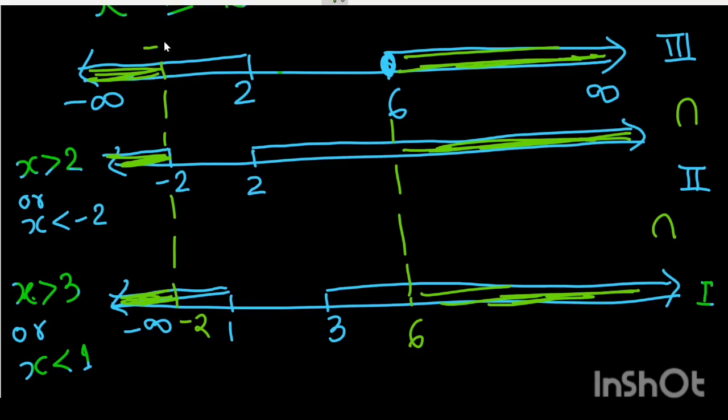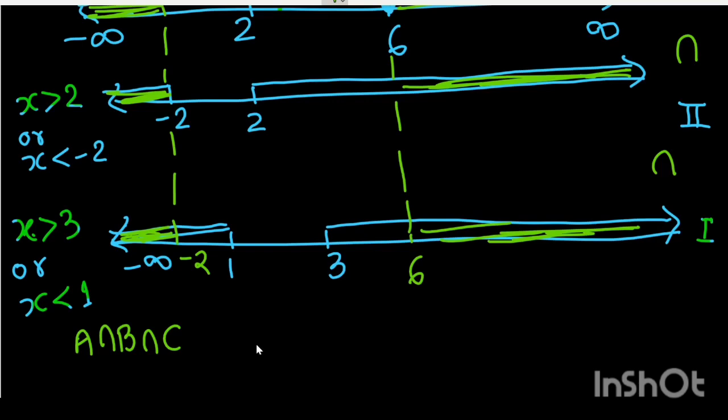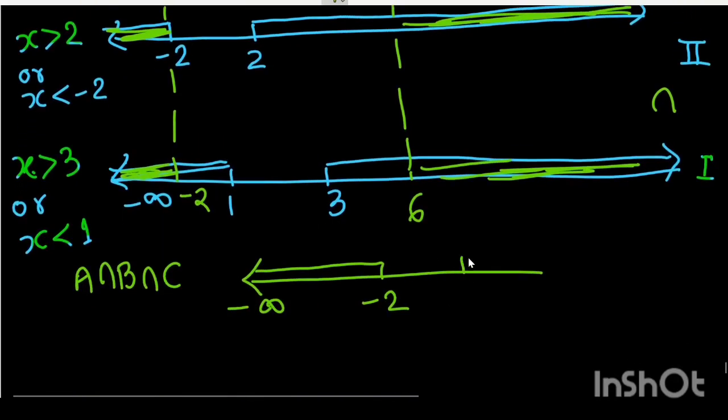So guys, our intersection A intersection B intersection C is minus infinity to minus 2, and 6 to infinity.